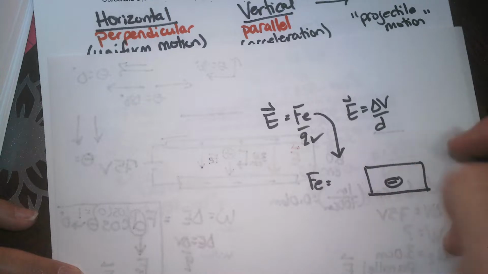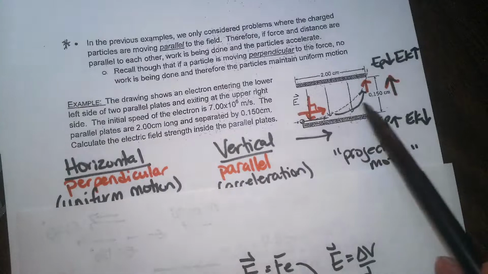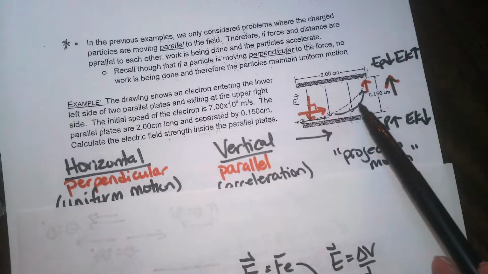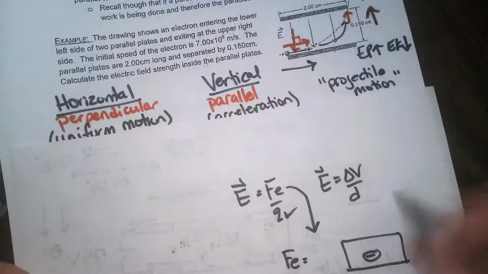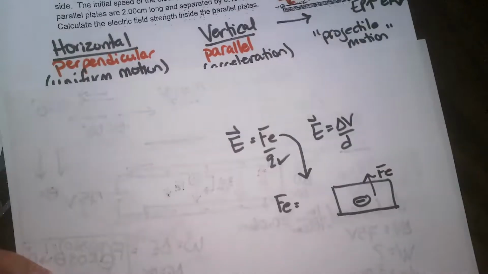When I look at the diagram, here's my electron. My force electric is going to go which way? When I look at this picture, up. And what is going to be my opposing force?